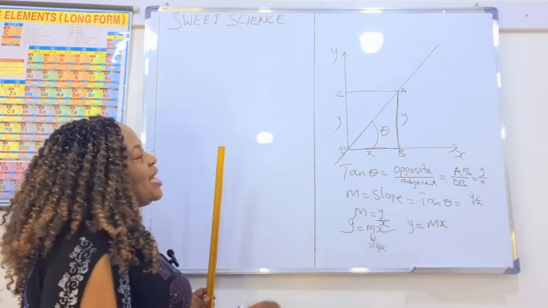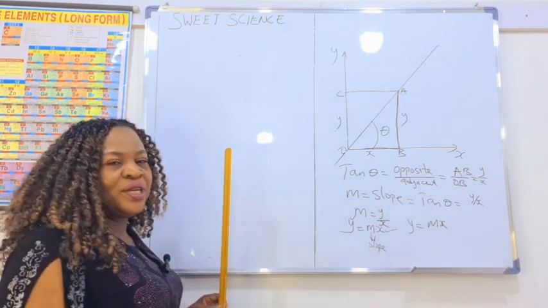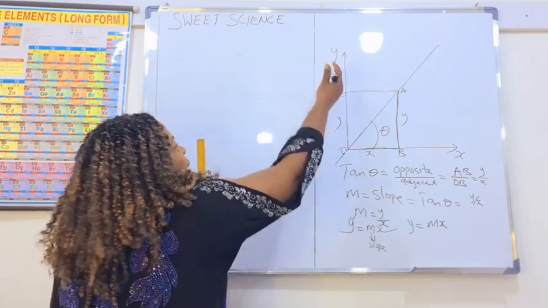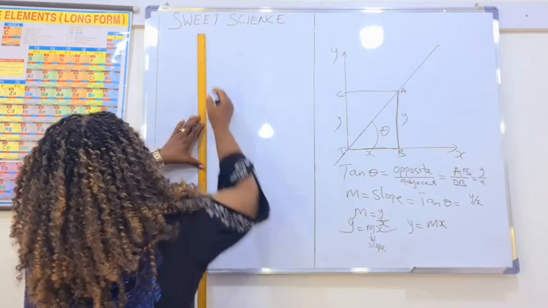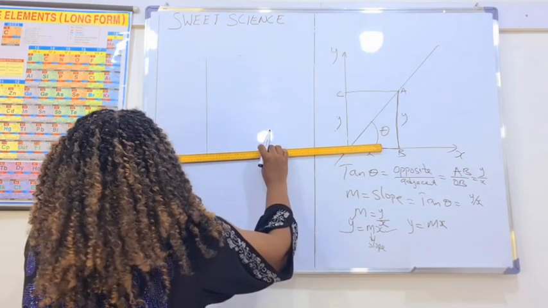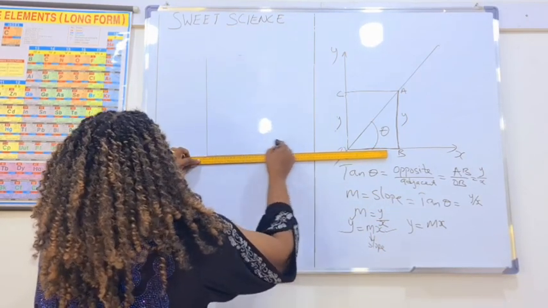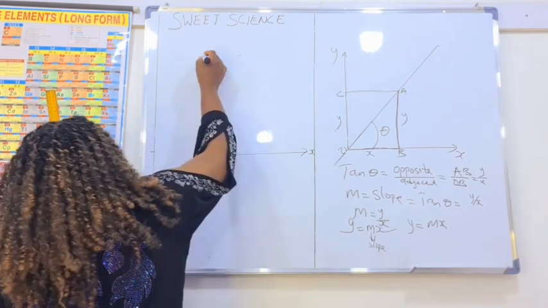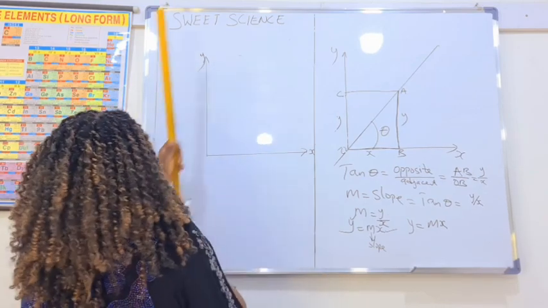Now we want to put up another equation, one that does not pass through the origin, but cuts the y-axis at a point. So let's put it up. We have our vertical line drawn. Then we put up our x-axis; this is the y-axis, this is the x-axis.